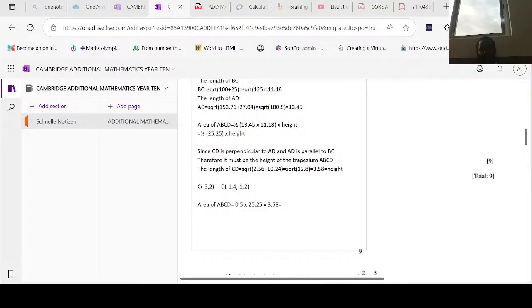Sorry, 25.25, then times 0.5. Yeah, that should be 45.19. 45.17. I'm saying 169 here. Okay, I didn't approximate.